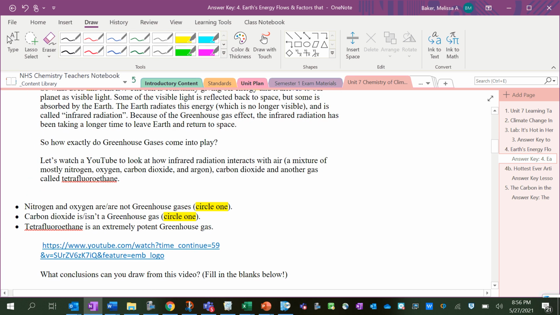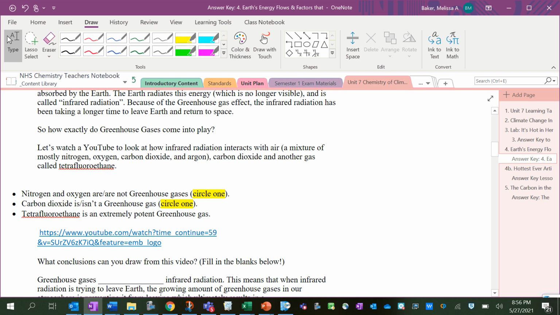Let's watch a YouTube video to look at how infrared radiation interacts with air, a mixture of mostly nitrogen, oxygen, carbon dioxide, and argon, and contrast that with carbon dioxide and with another gas called tetrafluoroethane. First, a couple of questions just to double check from the last lesson.